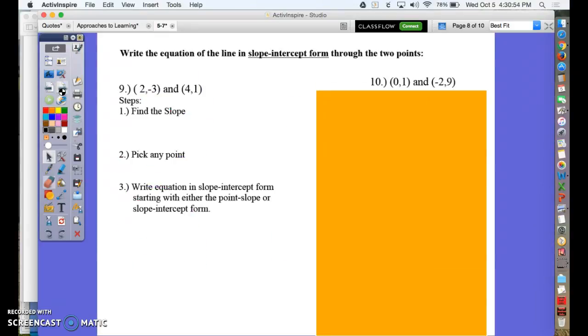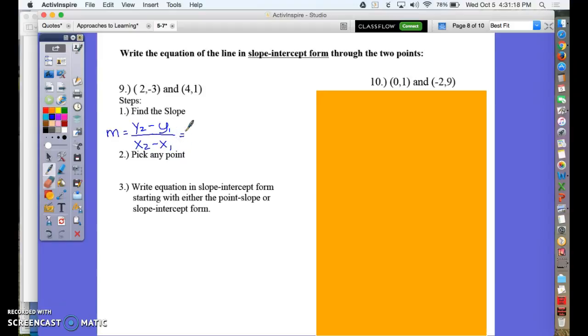One last problem. Remember that if you're given 2 points, you can always find the slope. And you need the slope and 1 point to find your equation. In order to find the slope, remember our equation is y sub 2 minus y sub 1 over x sub 2 minus x sub 1.